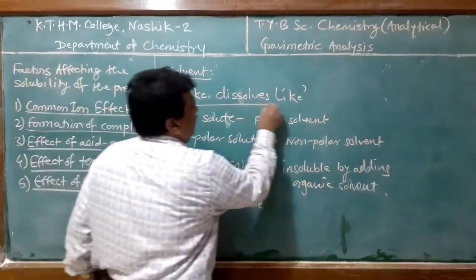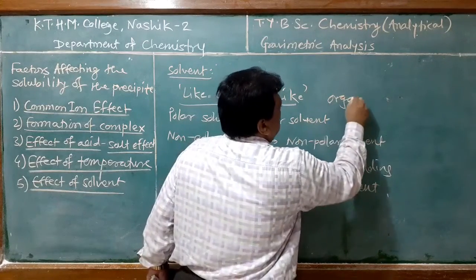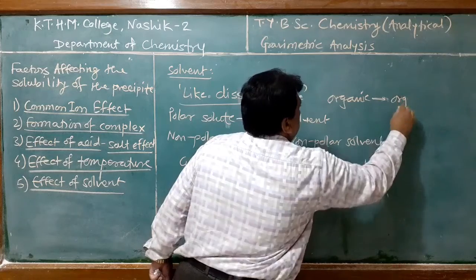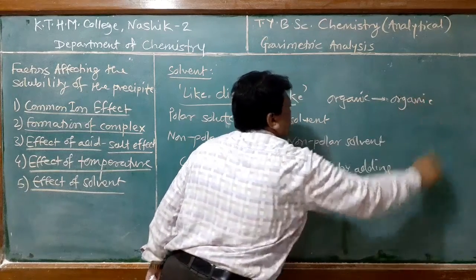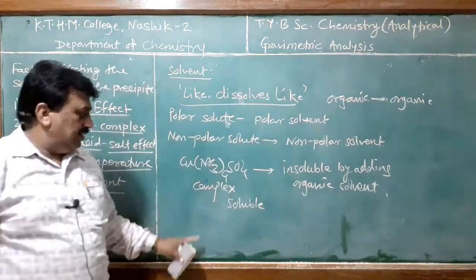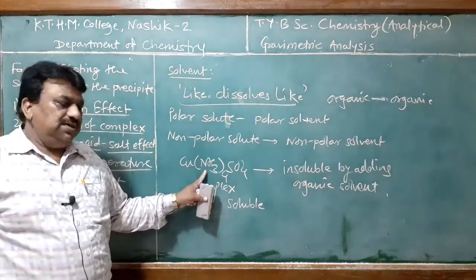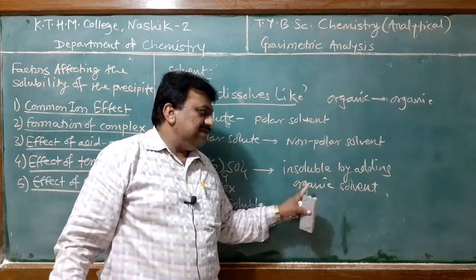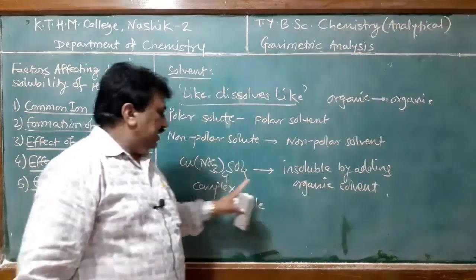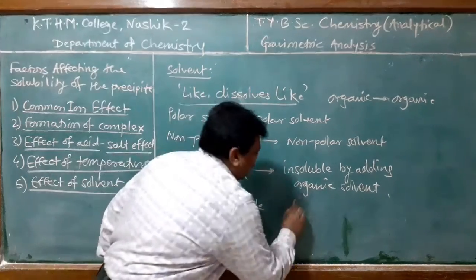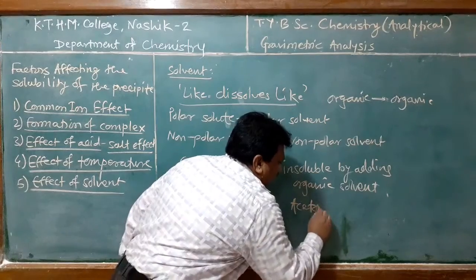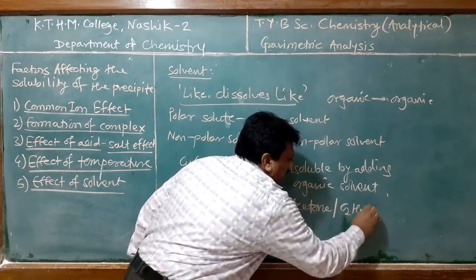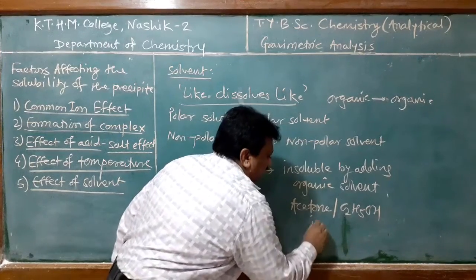Like dissolves like means organic compound is soluble in organic solvent and inorganic compound in inorganic solvent. This is an inorganic compound. We can make it insoluble by adding acetone or alcohol, C2H5OH or ethanol, into the water.